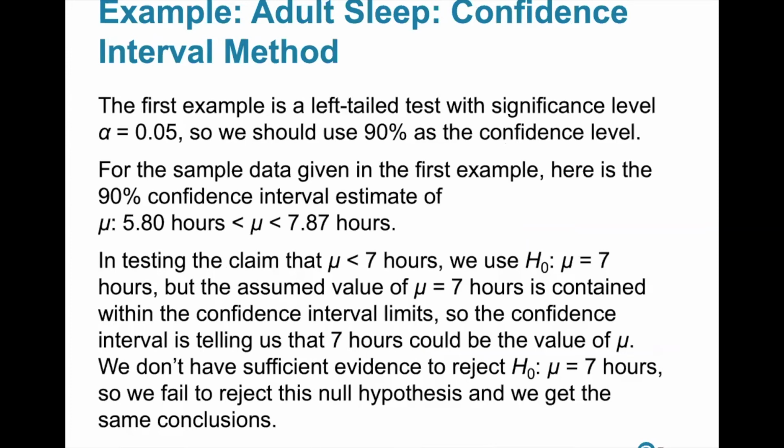All right, a little bit about the confidence interval approach. In the first section, we talked about how the confidence interval approach for population mean is equivalent to either the p-value approach or the critical value approach. In other words, it will always give you the same conclusion.